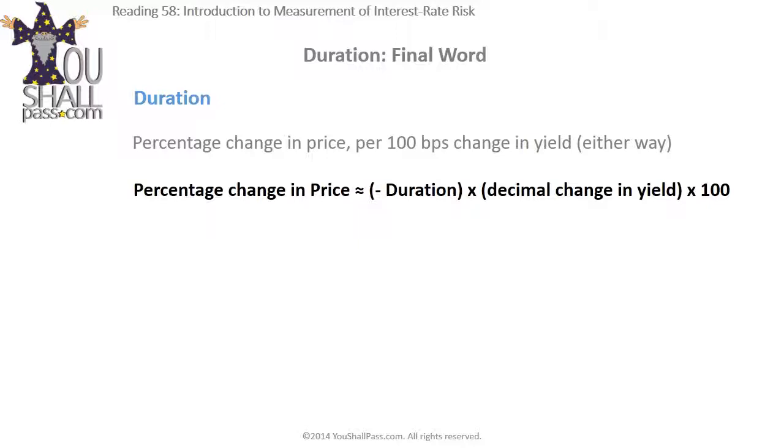And you do that by taking the negative of the duration, multiplying that by the actual decimal change in yield for which you're trying to calculate the approximate change in price, and then multiplying that by 100. What you get then is the approximate percentage change in price for the specific change in yield that you are trying to consider.